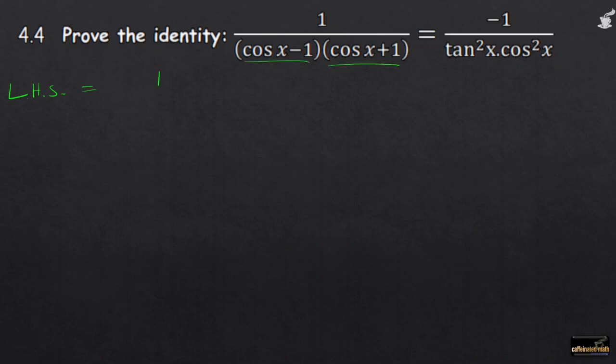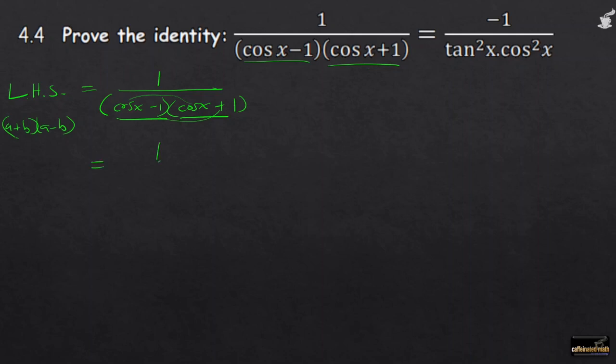So let's just rewrite our left hand side. So that says cosine x minus 1, and then we have cosine x plus 1. Now again, this pattern is there, that a plus b, a minus b pattern, which means we can just multiply the first terms per bracket with the second term partners.